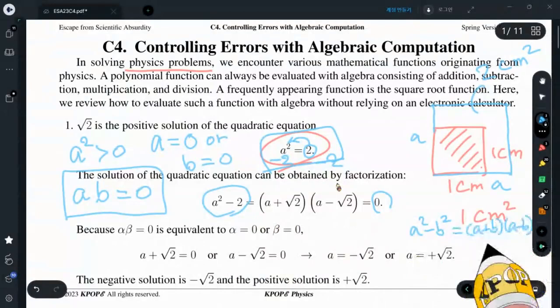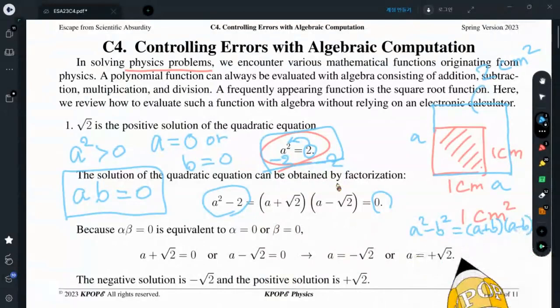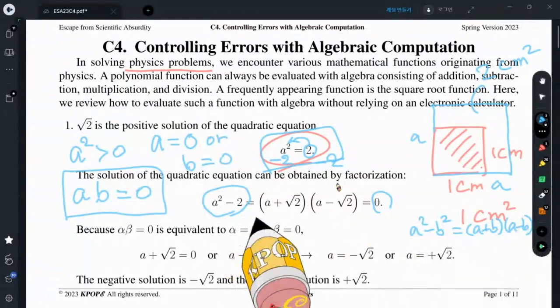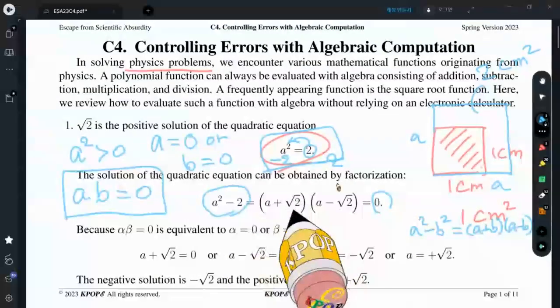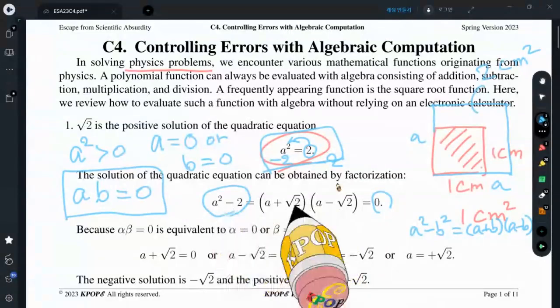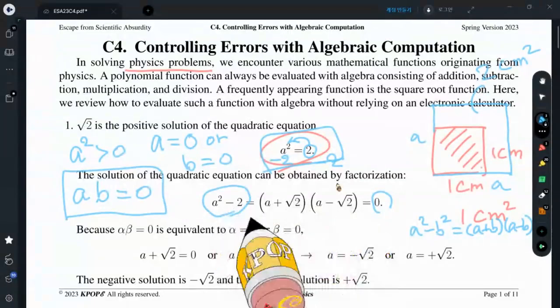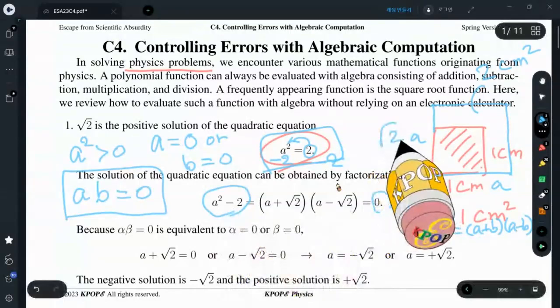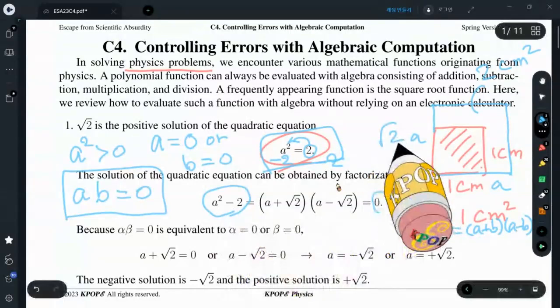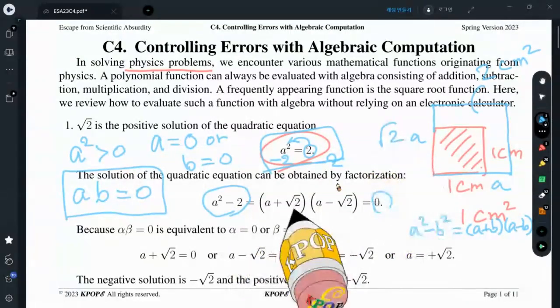This expansion and factorization formula you are familiar with from middle school. So we define the positive solution of this quadratic equation to be the square root of 2, and the negative solution to be negative square root of 2.